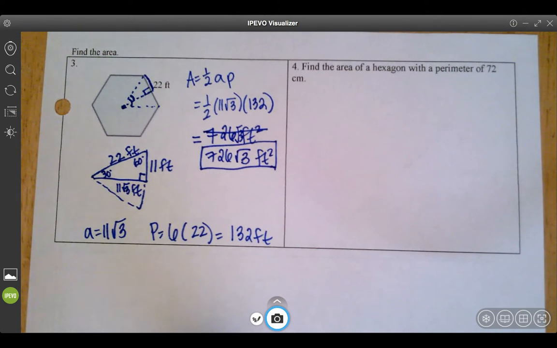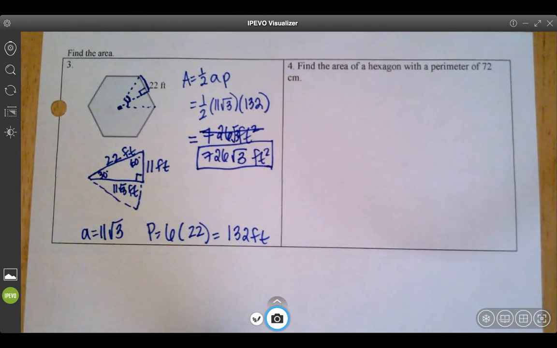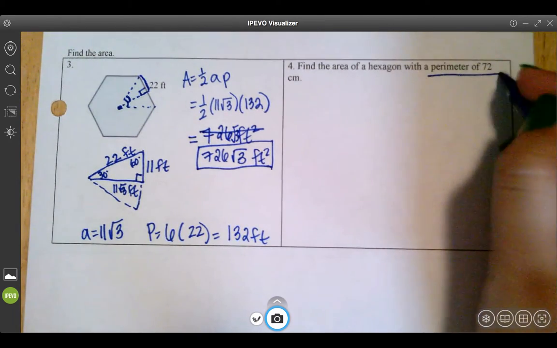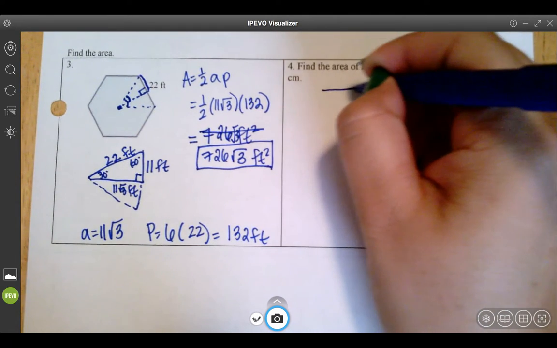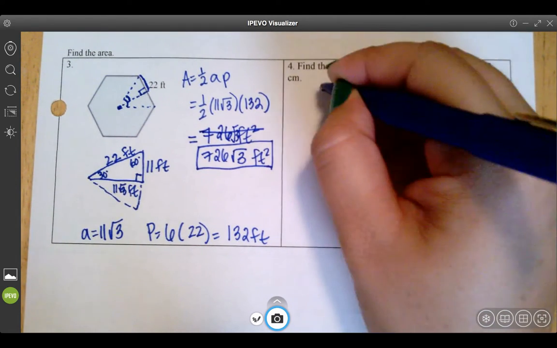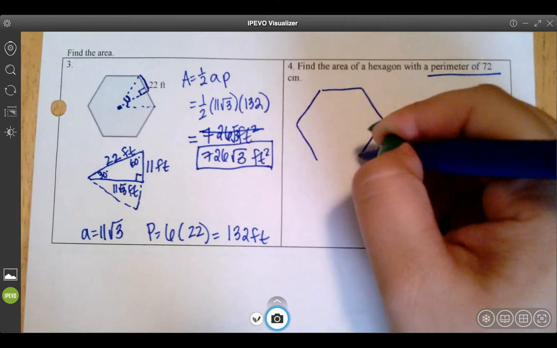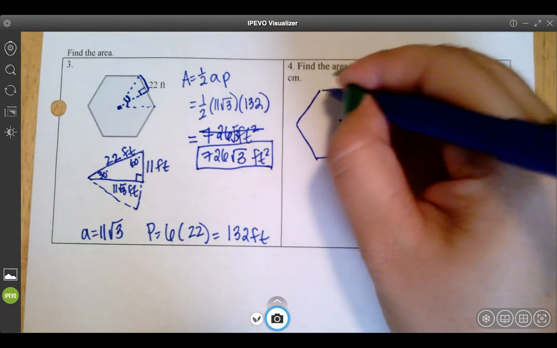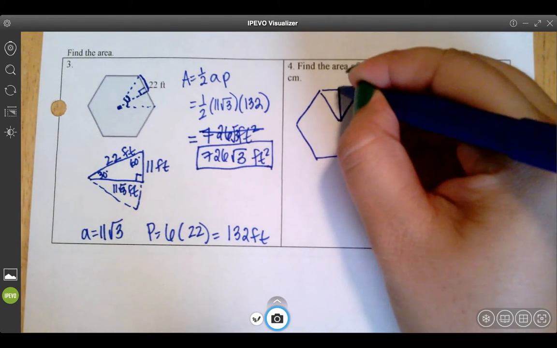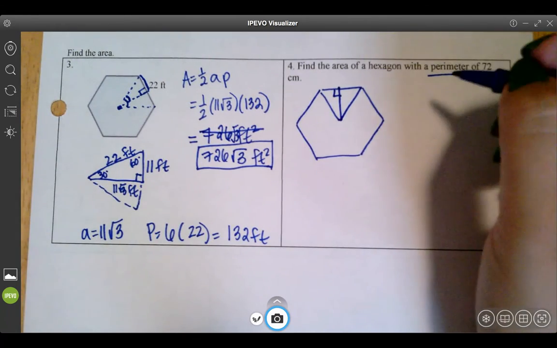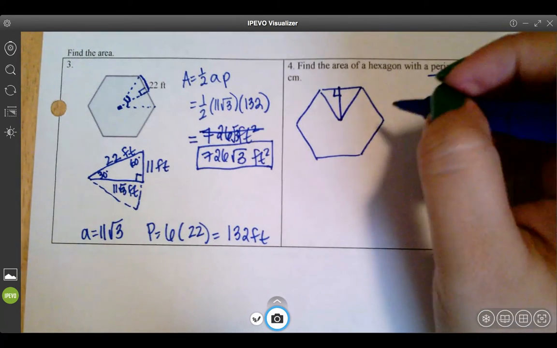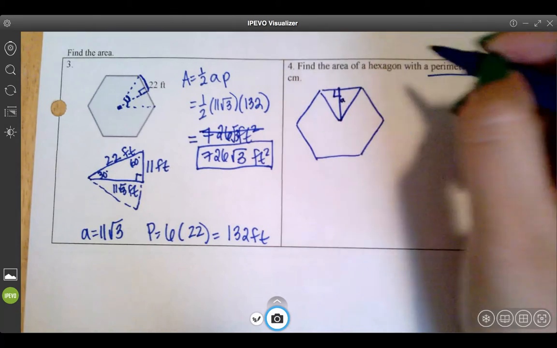For number 4, we're finding the area of a hexagon with a perimeter of 72 centimeters. It already gave us the perimeter. So start by drawing a picture. Always, always, always draw a picture. I create my central angle sliced in half by the apothem. Here's my apothem.